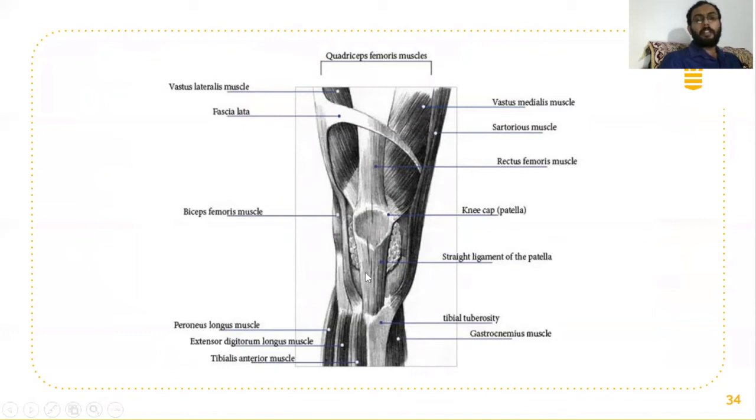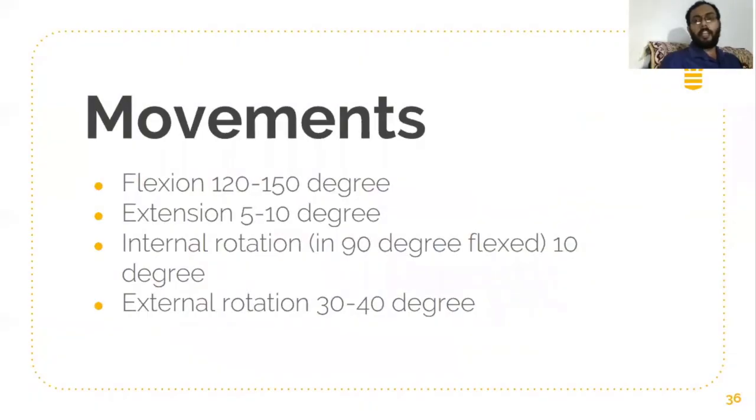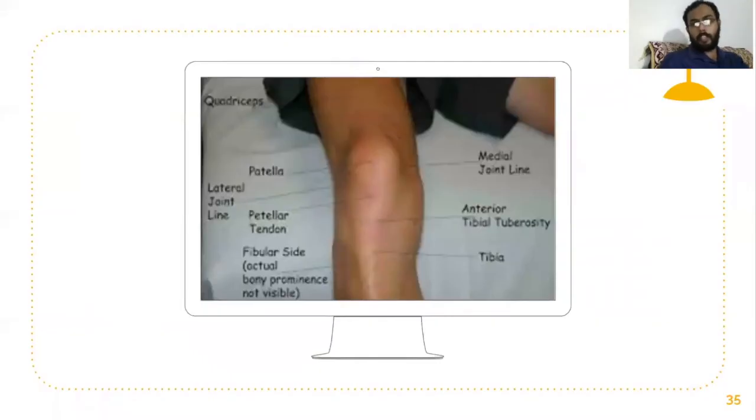Whenever there is injury to any of these structures, such as a complete tear of the quadriceps tendon or patellar tendon, or a displaced patellar fracture or avulsion fracture due to the pull of the quadriceps tendon, the patient is not able to extend his knee. This extensor apparatus should be checked by seeing whether the patient is able to do straight leg raising. The medial joint line and lateral joint line are palpable in a 90-degree flexed knee joint, which we shall discuss now.